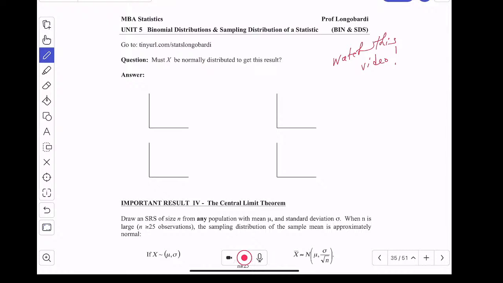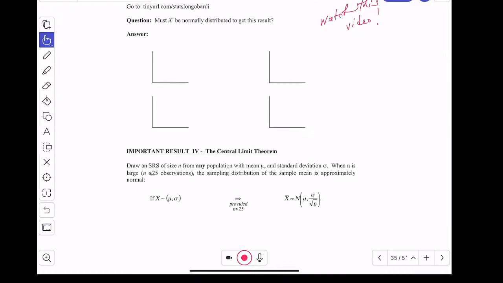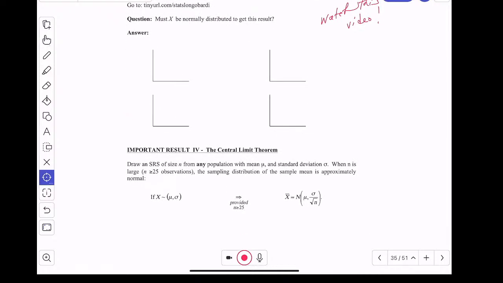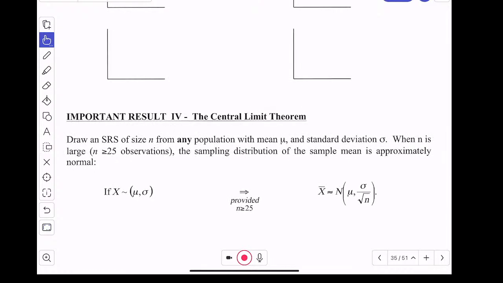And what it describes is the central limit theorem that I just outlined. If someone asks you for the central limit theorem, it is this result here: we don't need to know the shape of the distribution of the characteristic of interest.